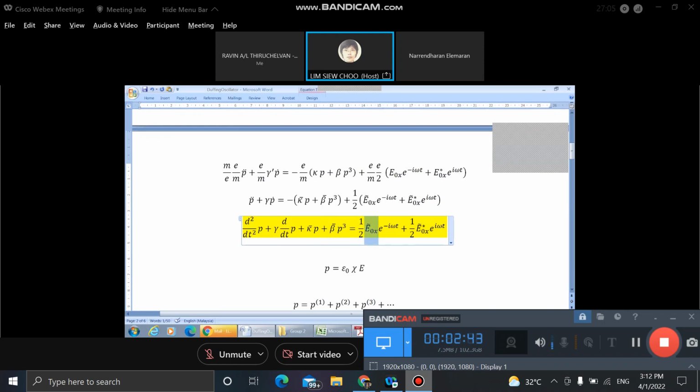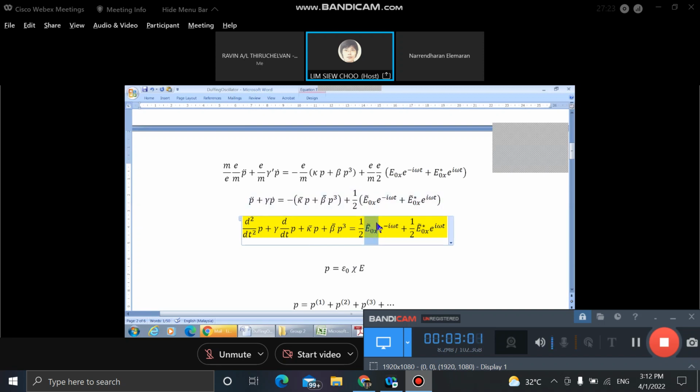You can see what I highlighted, the amplitude of the E field. This is the time dependent E field. How strong the field is depends on the amplitude.